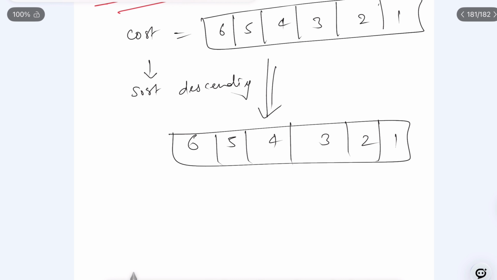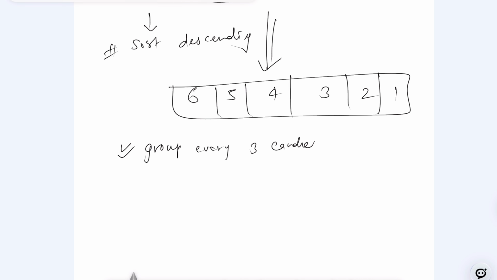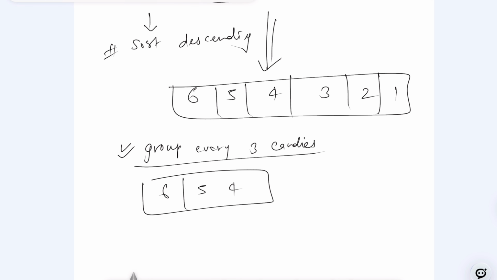After that, I told you to do the grouping, right? If you remember, after this step you have to do grouping. You have to group every 3 candies, means 6, 5, 4 is the first group, and the remaining is 3, 2, and 1.